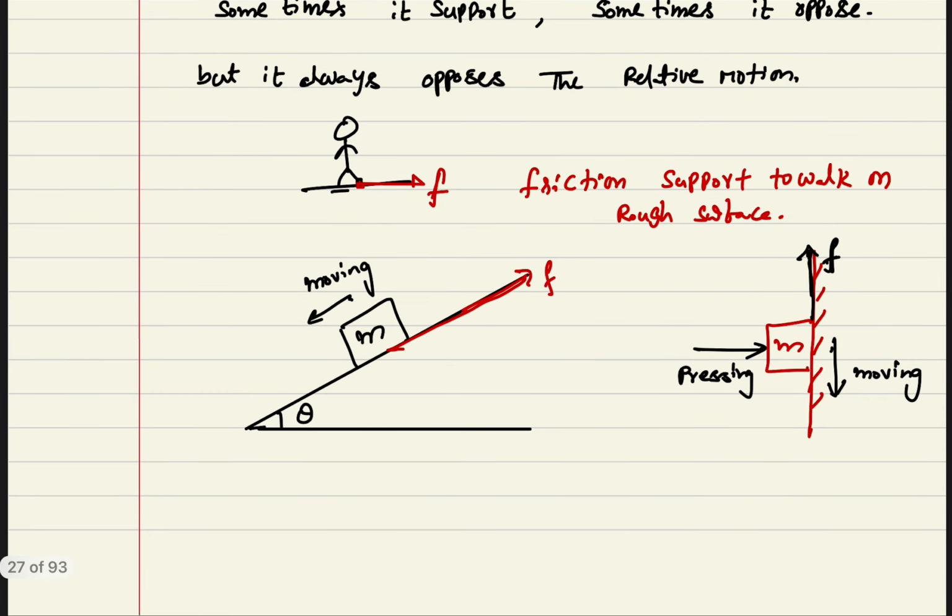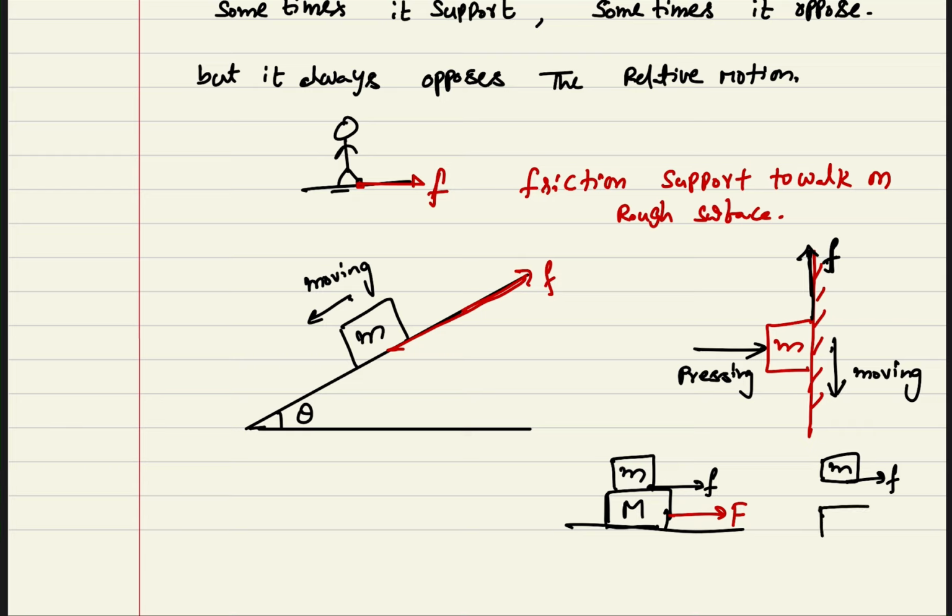Okay, suppose a block is kept here and one more block is kept. Now if I apply a force on this body, then on the upper block friction will be acting in the forward direction. You can see on the upper block F is in the forward direction, on the lower block F is actually to the left side.